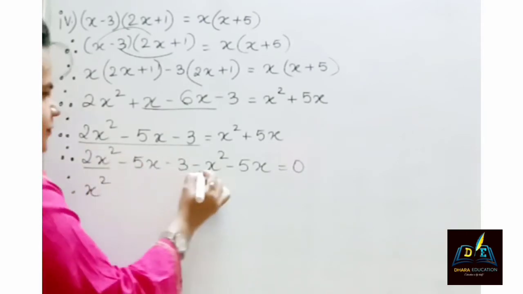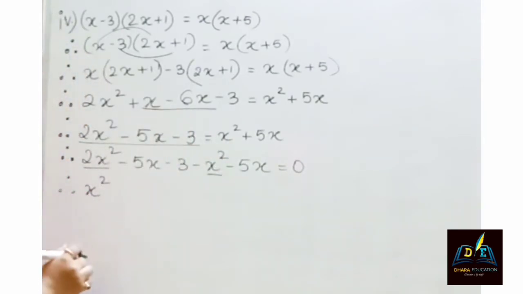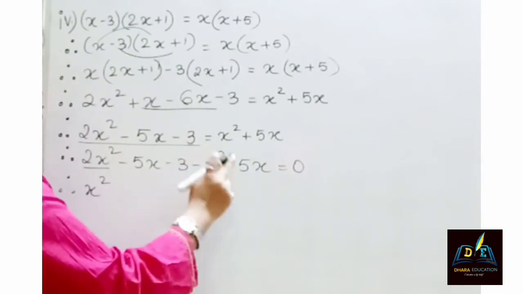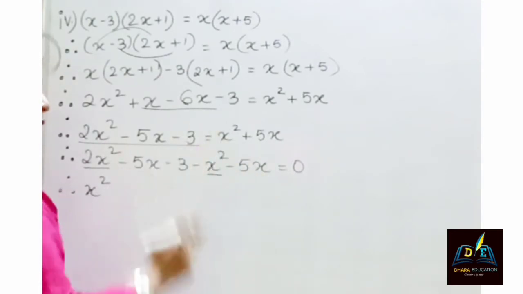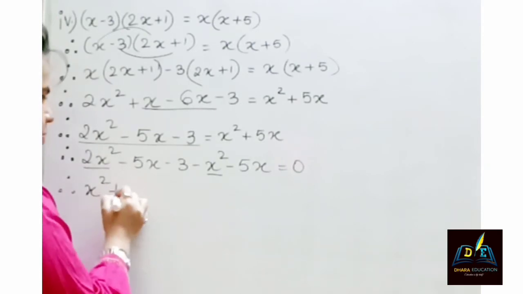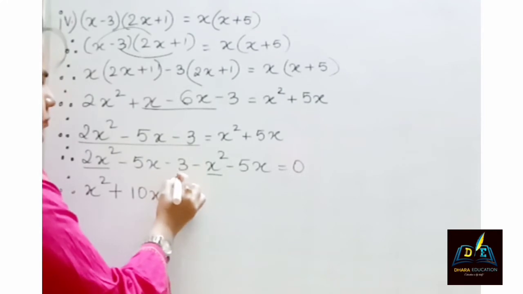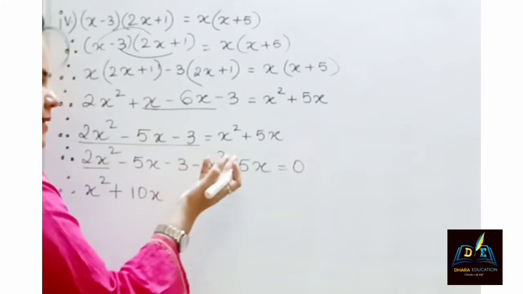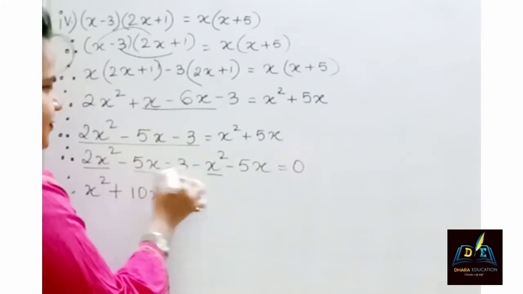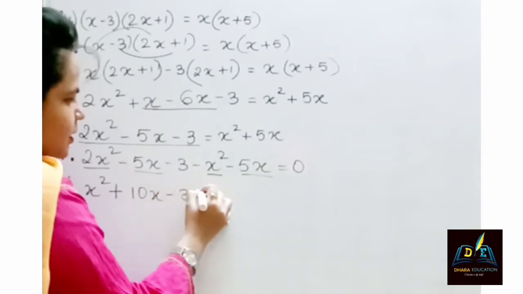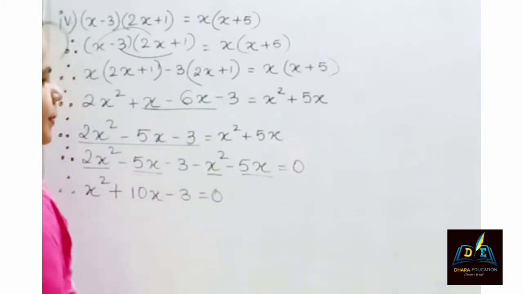Afterwards, minus 5x and minus 5x gives you plus 10x. Then minus 3, nothing is left, so minus 3 is equals to 0. Am I clear on this point?